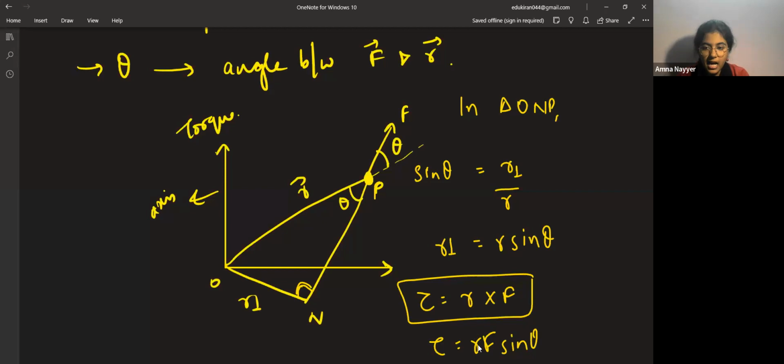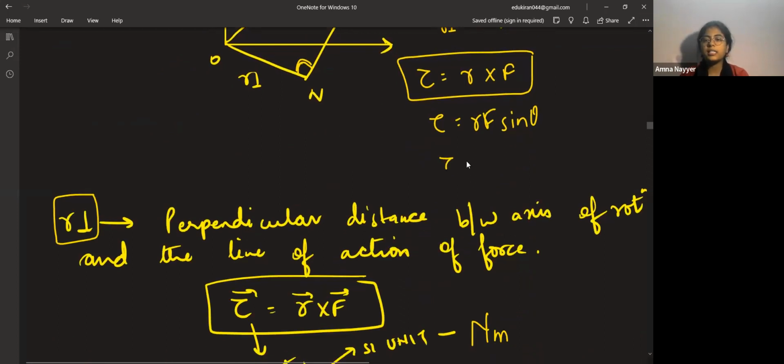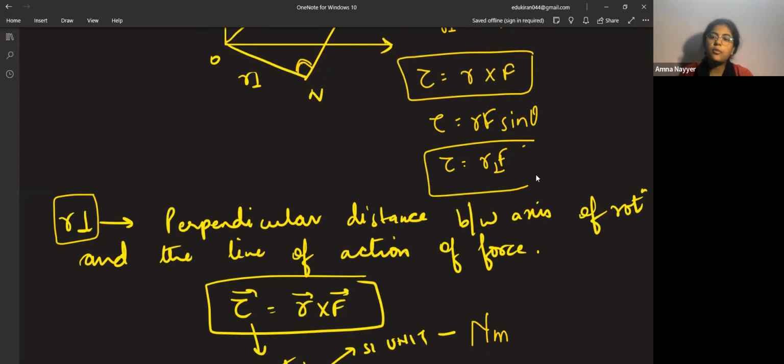If I take R and sine theta together, that gives me R perpendicular. So the formula of torque is not just R F sine theta or R cross F, it is actually R perpendicular into F, because R into sine theta is R perpendicular.